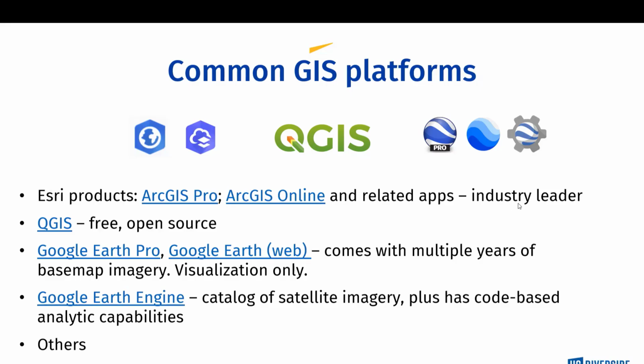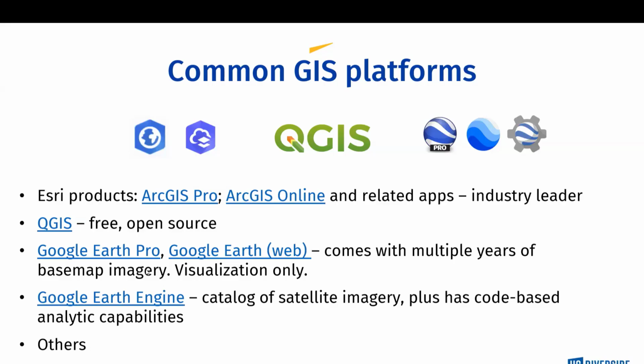They are the industry leader, and these two products, ArcGIS Online and ArcGIS Pro, both allow you to have imagery base maps, and they also have tools for you to do analysis with imagery. Same is true for QGIS, which is a free and open source GIS desktop version.